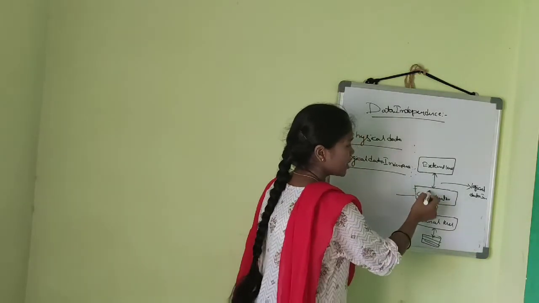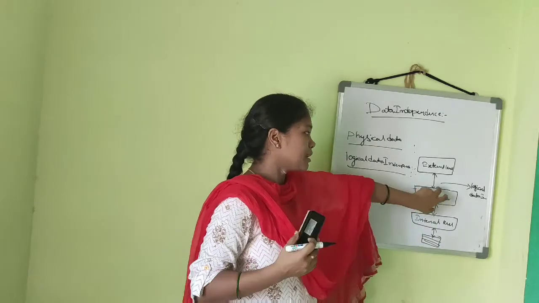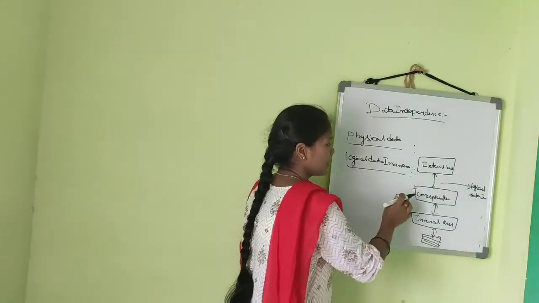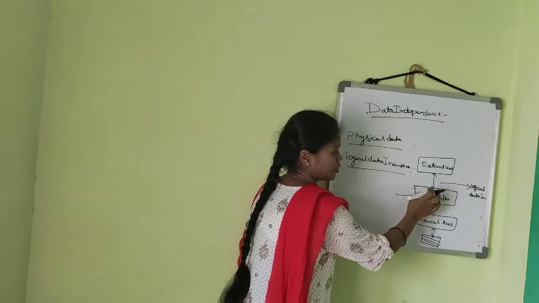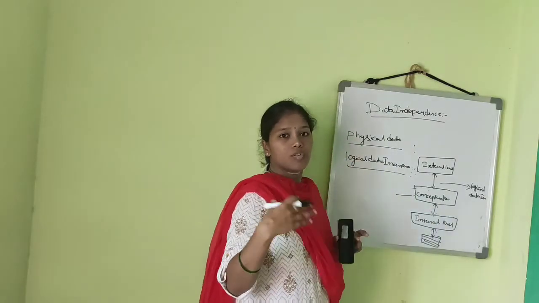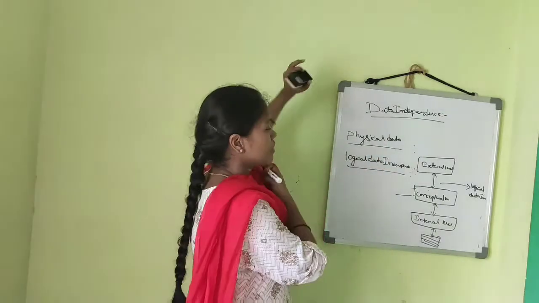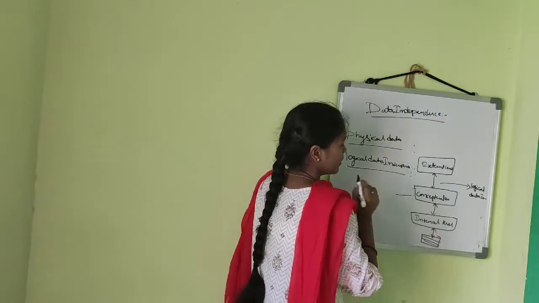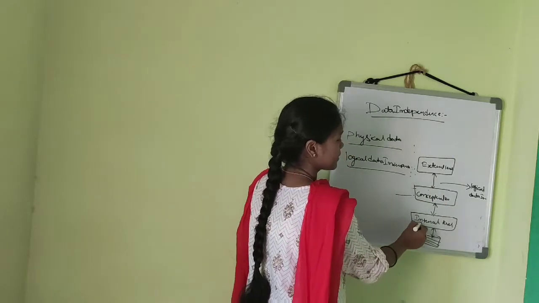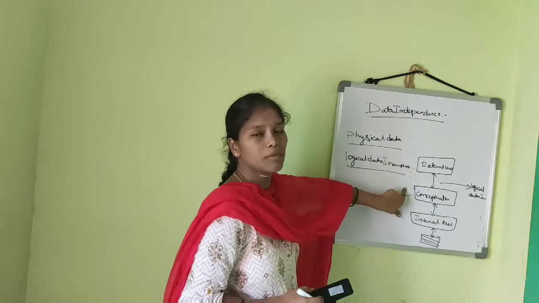If there is any change in the conceptual level data, then it will not affect the user view of the data. And next one is physical data independence. In this, if there are any changes to update the internal schema level, it will not affect the conceptual schema level.